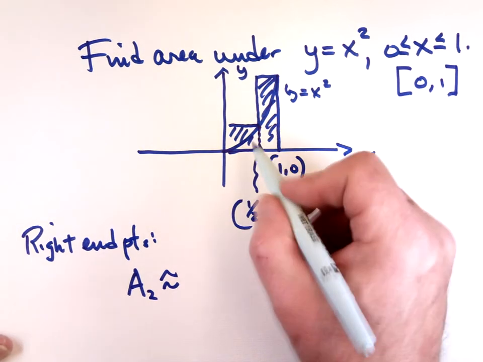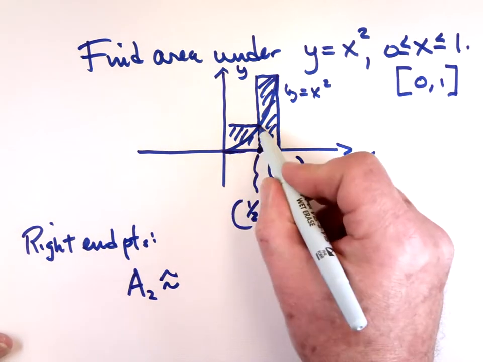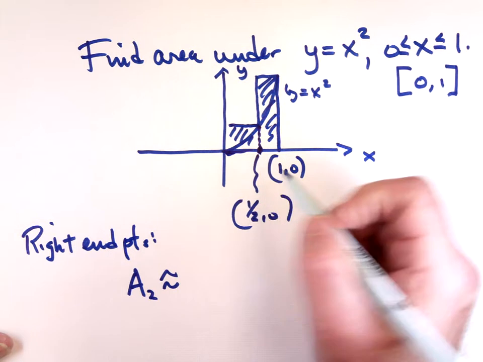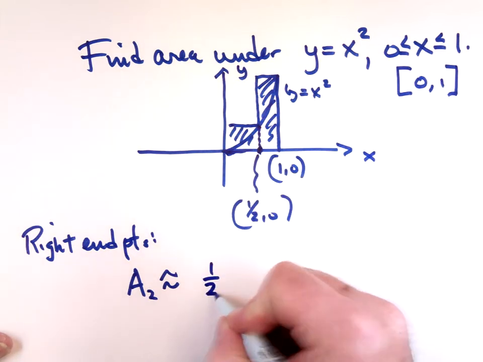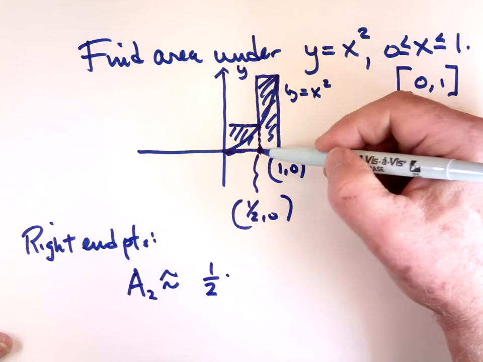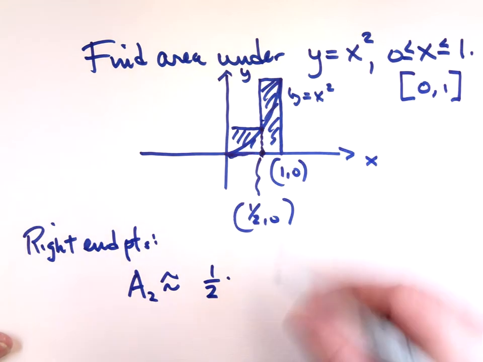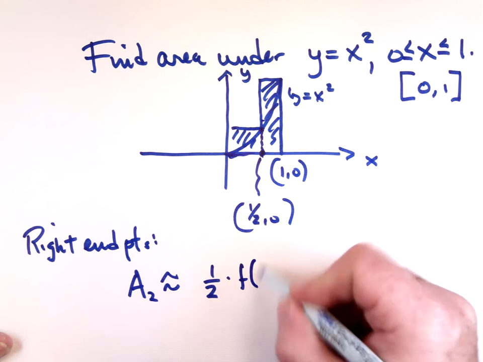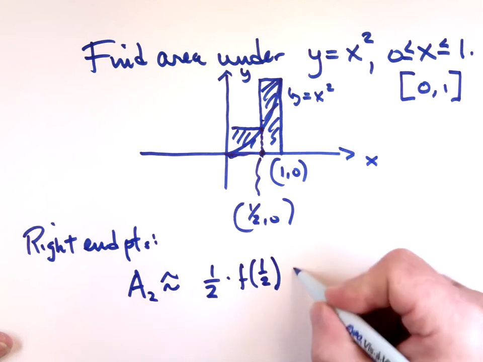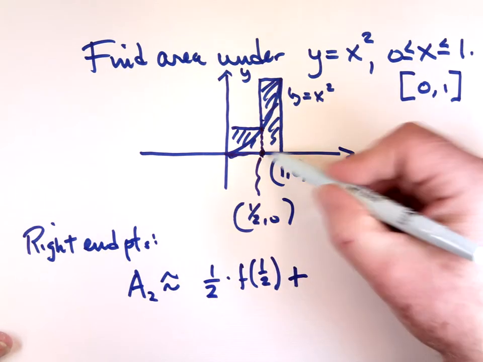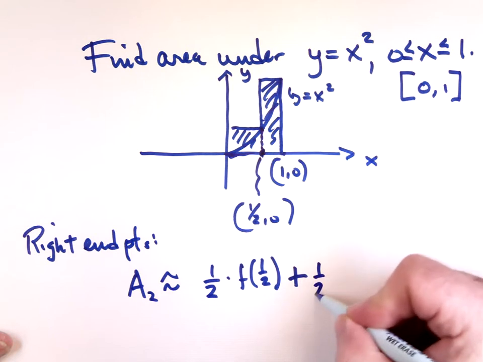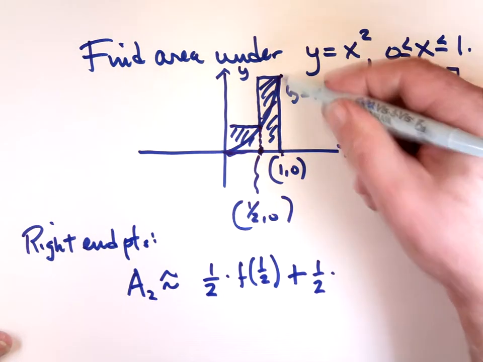It's got a width that's 1/2. Its height is this height here. It's f of 1/2, the function at 1/2, plus the width of the second rectangle, 1/2, times its height, which is f of 1. Okay, you with me on this?